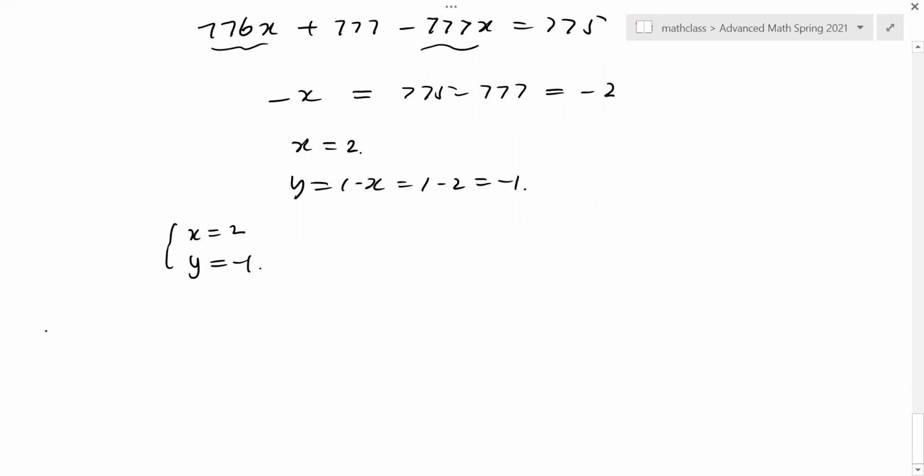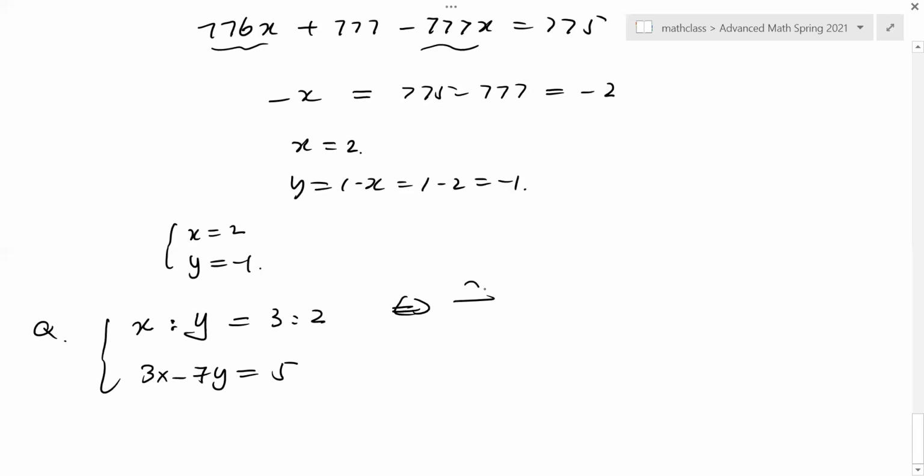Now, there are some equations written in a slightly different form, like this one. x to y equals 3 to 2, and 3x minus 7y equals 5. This first equation is essentially x over y equals 3 over 2. This does not look like a linear equation, but if we do the cross product, it is 2x equals 3y.